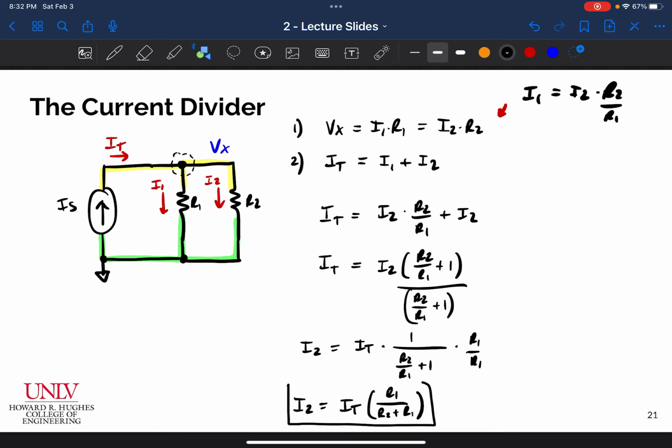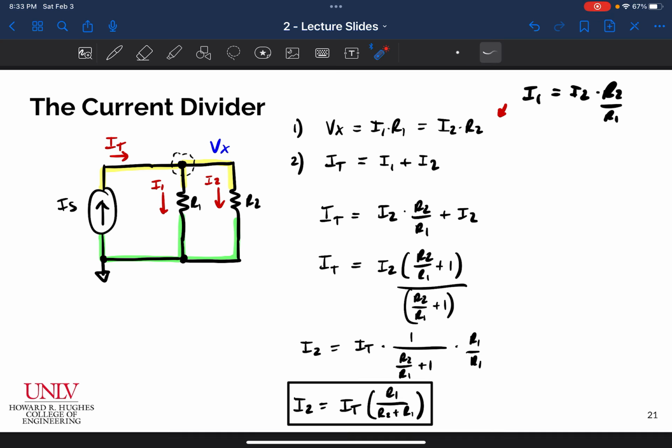So basically that's telling me if I want to solve for the current I2, let me get my laser pointer, I take resistor 1, so the opposite resistor, divided by the sum of the two resistors and multiply that by my total current. So it's sort of opposite.